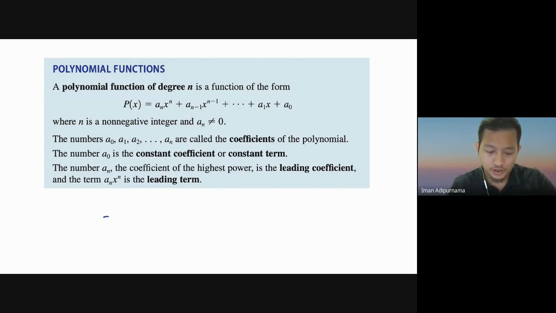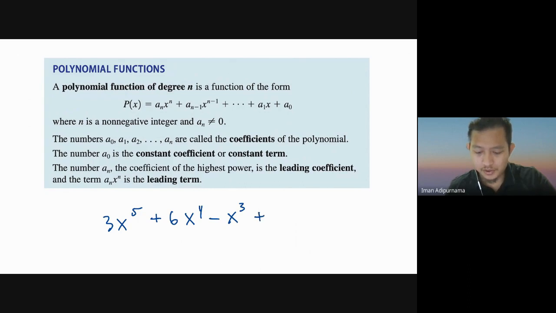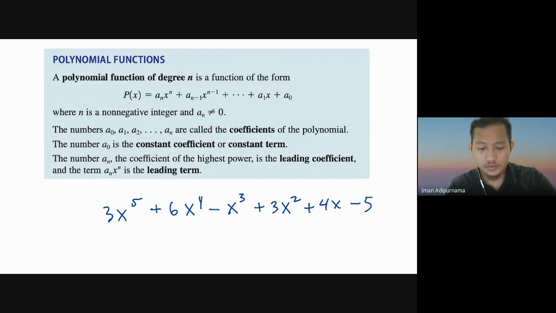For example, you have 3x to the power of 5 plus 6x to the 4 minus x cubed plus 3x squared plus 4x minus 5. This we call a polynomial function of degree 5, because the greatest value of the power, the degree, is 5.